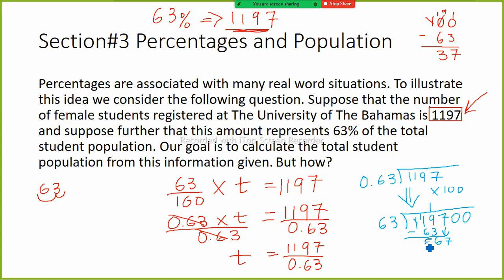We could use 9. So if we look at 63 times 9, we get what? 63 times 9 is exactly 567. And so this is going to be 0, 0, 0.